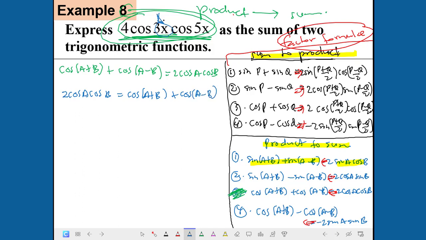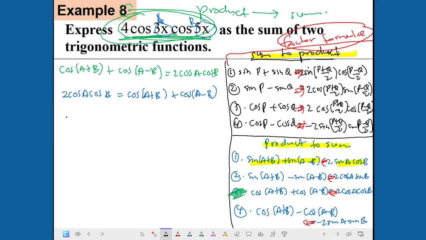A is equal to 3x, B equals 5x, so you change to 4 cos 5x times cos 3x. Easy, right? Okay, continue.